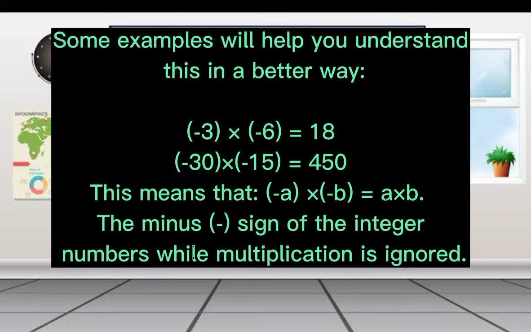Example, negative 3 times negative 6 equals positive 18. And negative 30 times negative 15 equals positive 450. This means that negative a times negative b equals positive a times positive b. The minus sign of the integer numbers is ignored while multiplying.